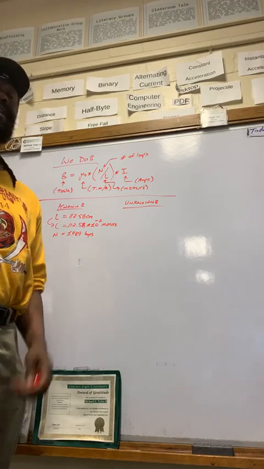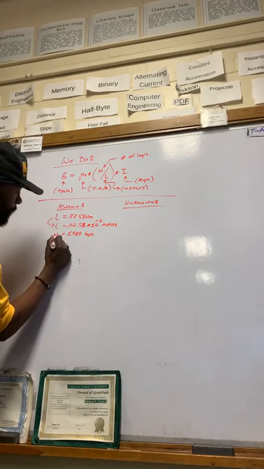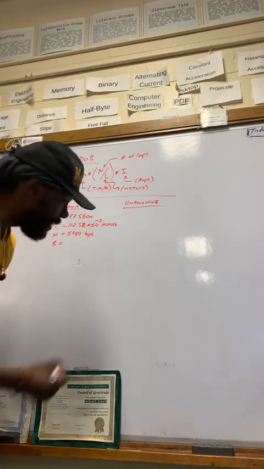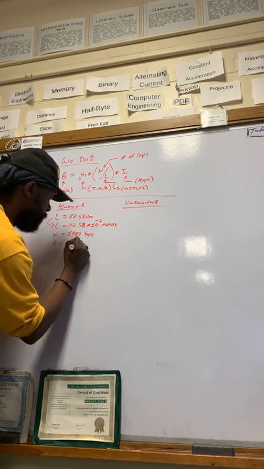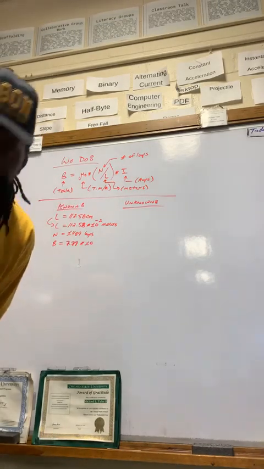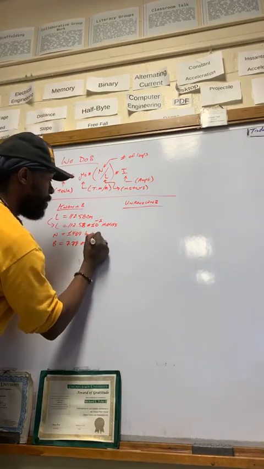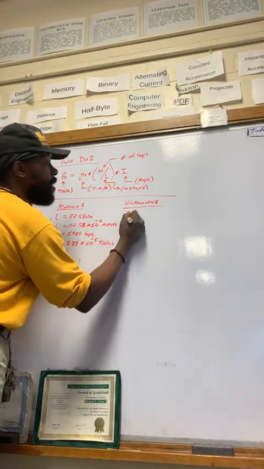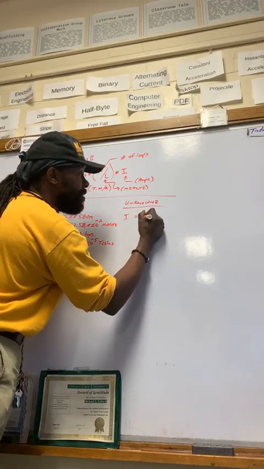The B field, because it says the magnetic field. So B is equal to 7.79 times 10 raised to the negative 5th power, and that's Teslas, leaving our unknown value of current I to be found.